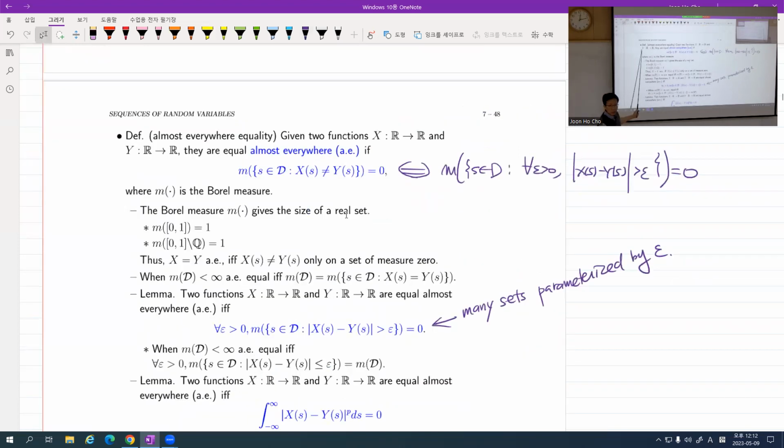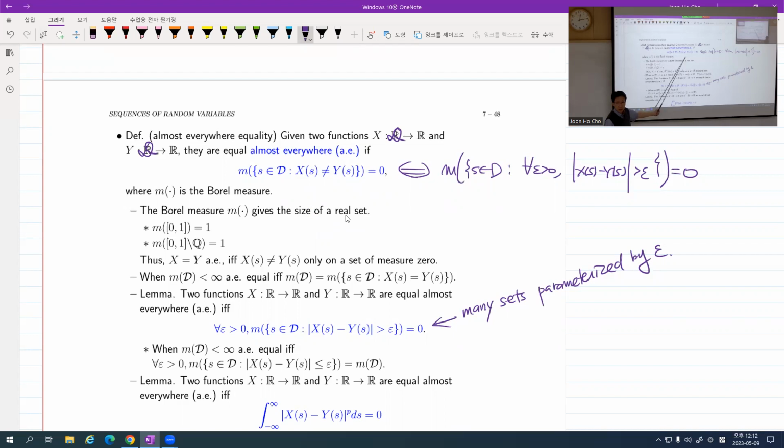So here goes the definition. This is different from everywhere equality of two functions, but they look very similar. Suppose you have two functions, x and y again, having the same domain. Now what you do is use the trick of using sets. You form the set of s in D such that x of s and y of s are different.